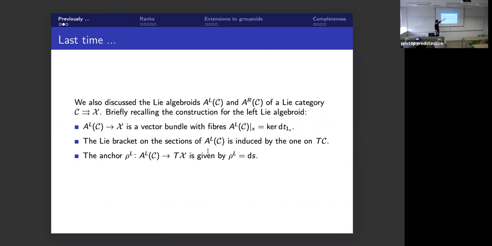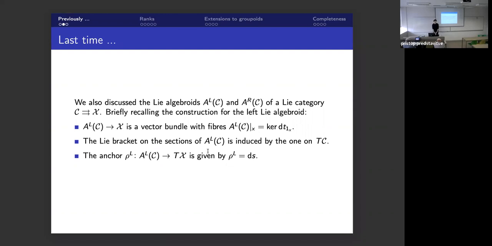This is a vector bundle over the space of objects of our Lie category. What are its fibers? The fibers are defined just by the kernel of the differential of the target map, when we take a look at its value at 1_x, right? And so what even is a Lie algebroid?